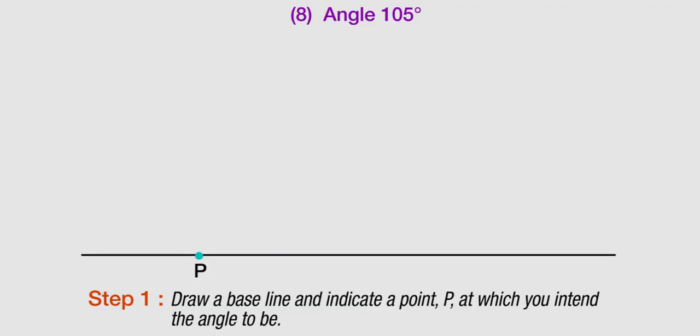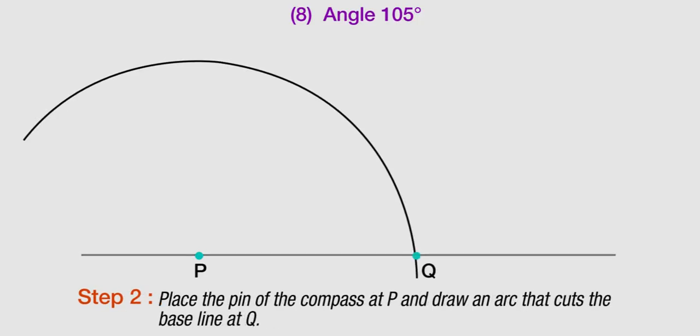Step 1. Draw a baseline and indicate the points P where you want to put your angle. Step 2. Place the compass point at P and draw an arc that cuts the baseline at Q. Step 3.